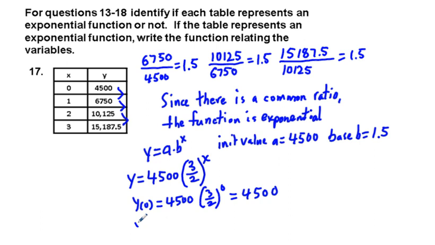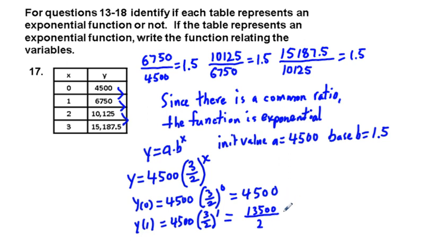Next one, y sub 1 is equal to 4,500 times 3 halves to the power of 1. Well, that's going to be 3 times 4,500, that's 13,500, and we're going to divide that by 2.